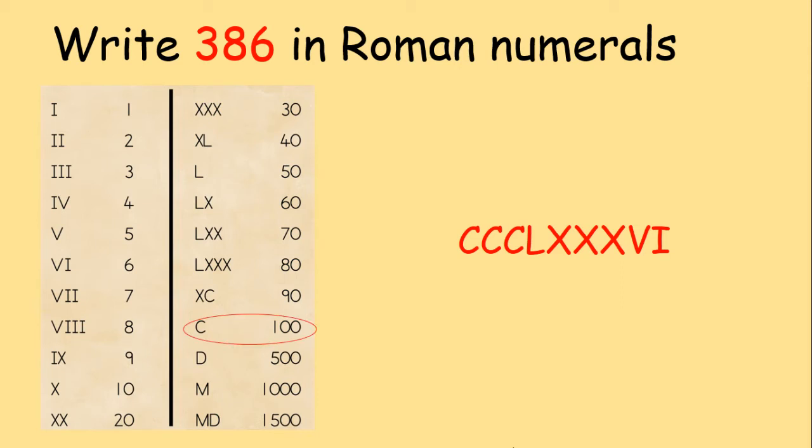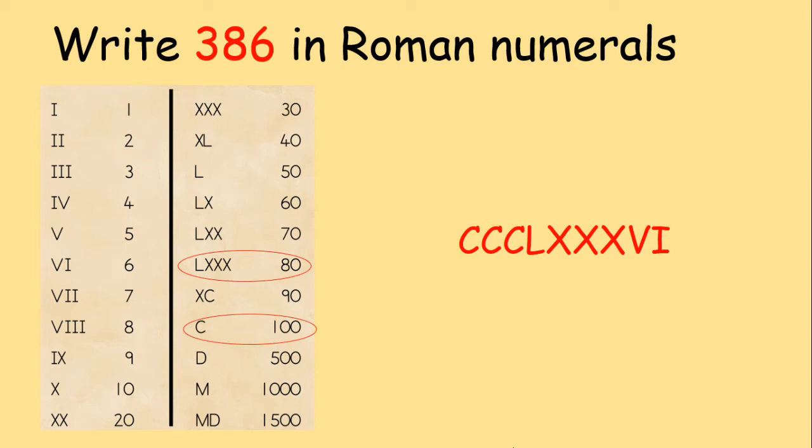It would be easy for me to work out 100 in Roman numerals, which I know is C. I need to write 300, so I'm going to need to write C 3 times. I then need to find out how I would write 80, which would be LXXX.